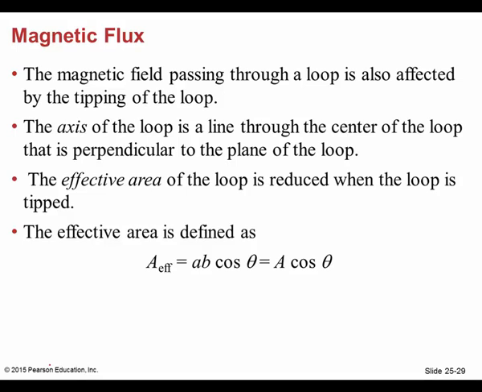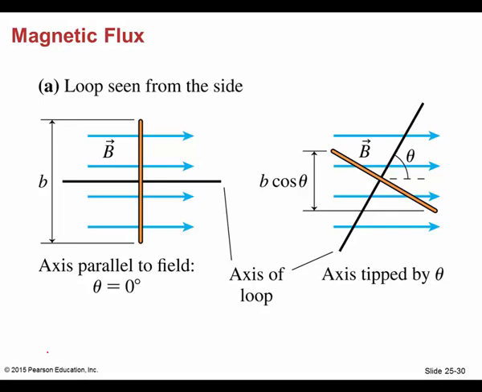So how do we find the effective area? Well, it's A cosine theta. And notice it's cosine, not sine. Again, same from the side. Now notice the angle is 0. Cosine of 0 is 1, isn't it?